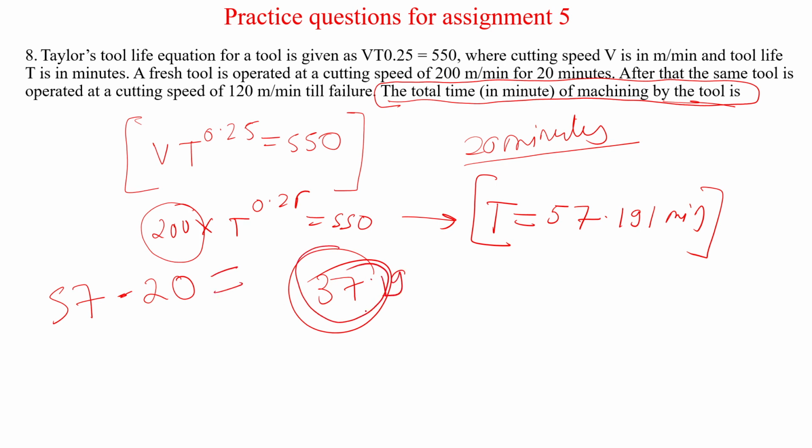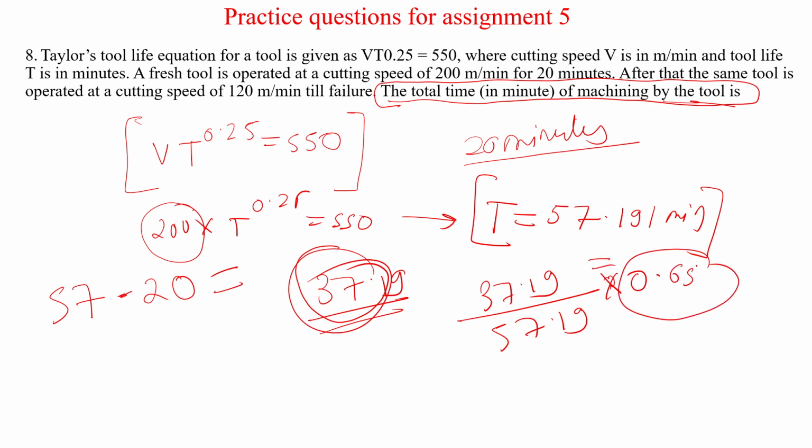37.19, if you divide by 57.19, you will get 0 point something. The answer is 0.65. So this is the factor, the remaining fraction of the tool life. See, 57 is the total tool life.